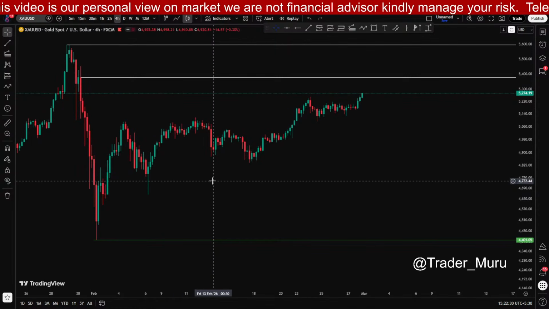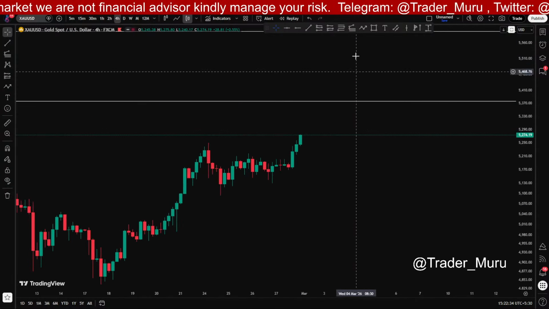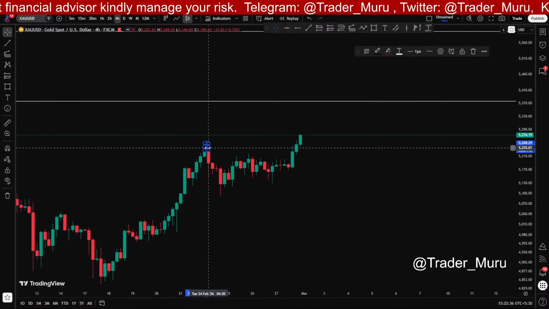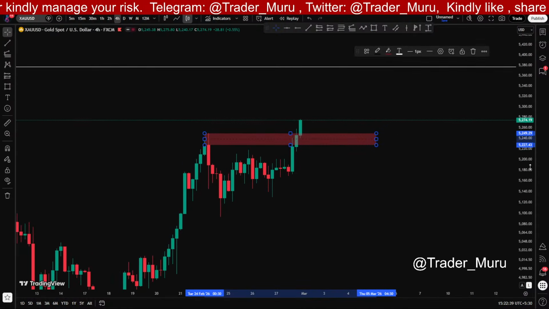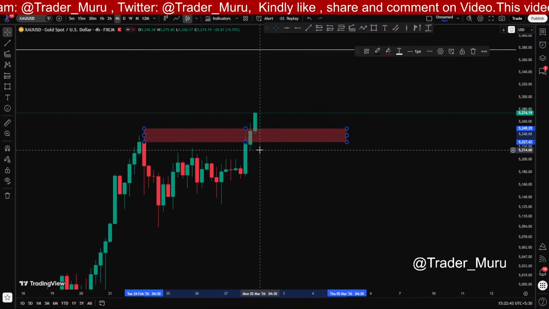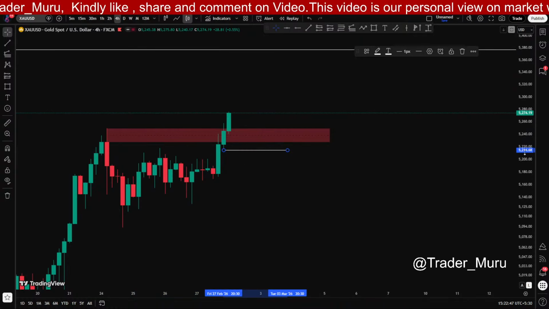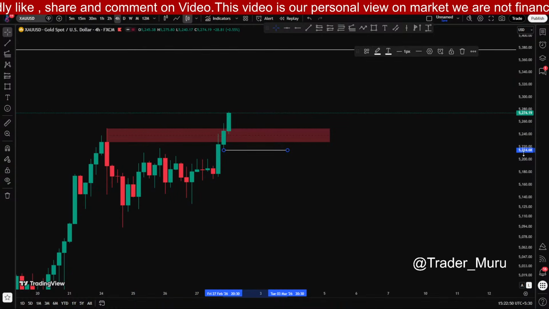For the 5234 entry, what is the SL? It is 4-hour time frame, so if you are going long from 5234 entry, your stop loss should be below this area, this red zone, and which will be possible below this low around 5214.